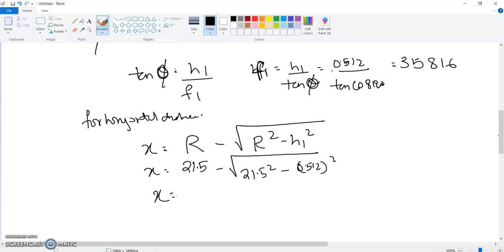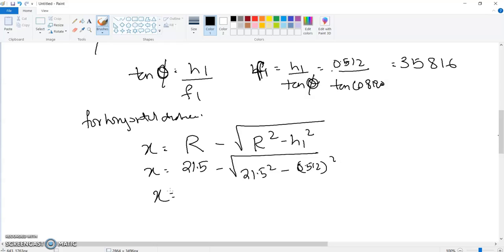So let's calculate this horizontal distance. That turns out to be 21.5 minus the root of 21.5 square minus 0.512 square. I'll do it again: root of 21.5 square minus 0.512 square.